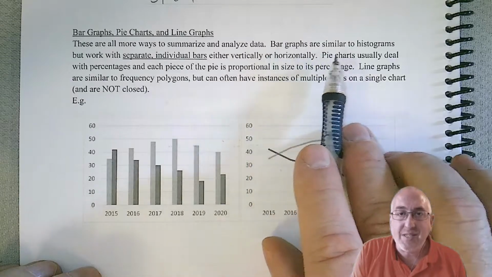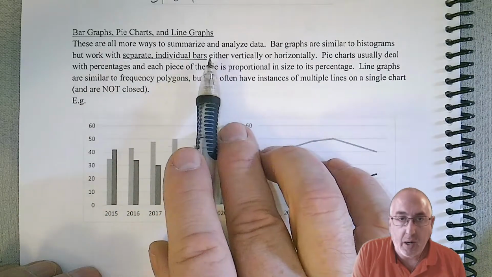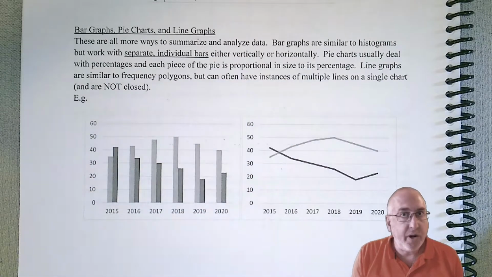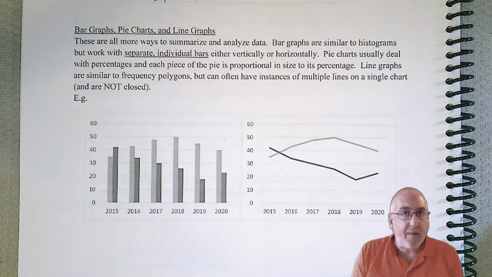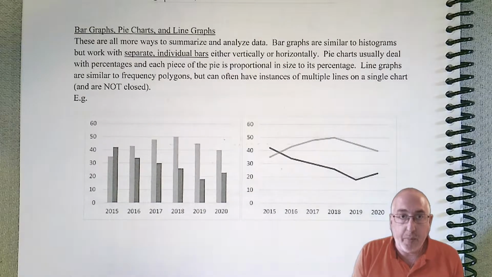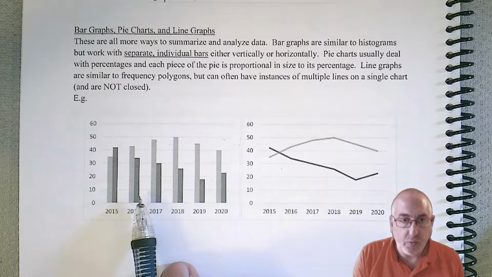Bar graphs are similar to histograms, but work with separate individual bars, either vertically or horizontally. So this is a major difference between bar graphs and histograms. Histograms are usually only vertical and their bars are always touching each other. But we can see from our example here, our bar graphs have those bars.